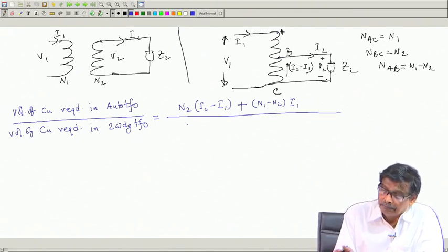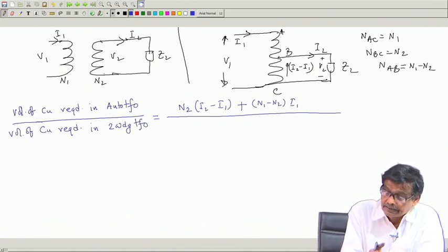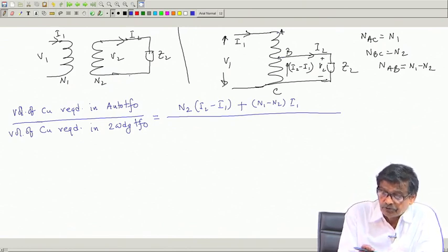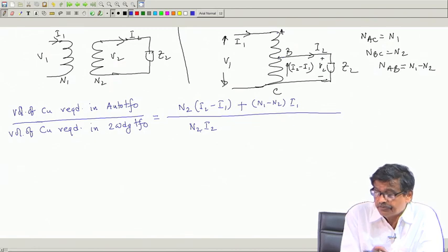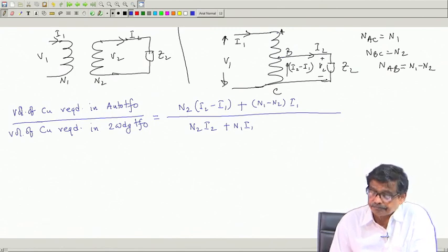Now, because these two transformers are doing the same job, come here. Now, here I will write the volume of copper required for this portion of the winding will be N2 into I2. Volume of copper required for this portion is N1 into I1, that is all.